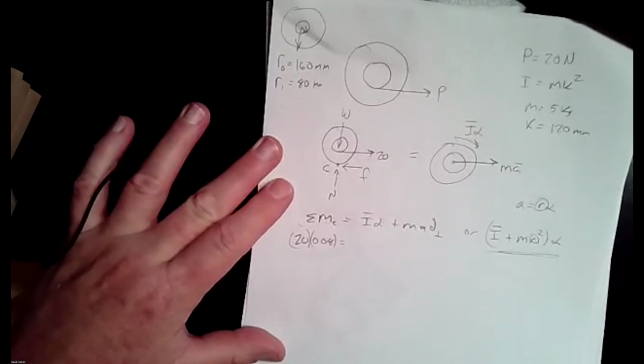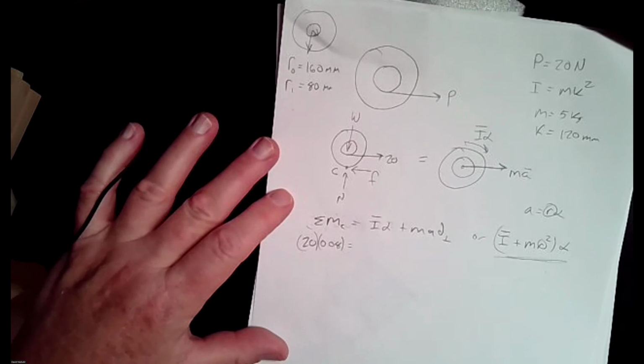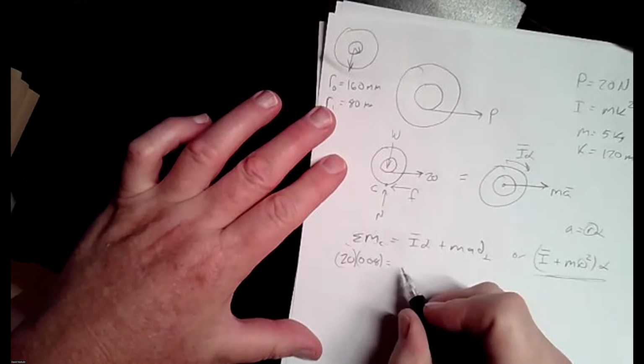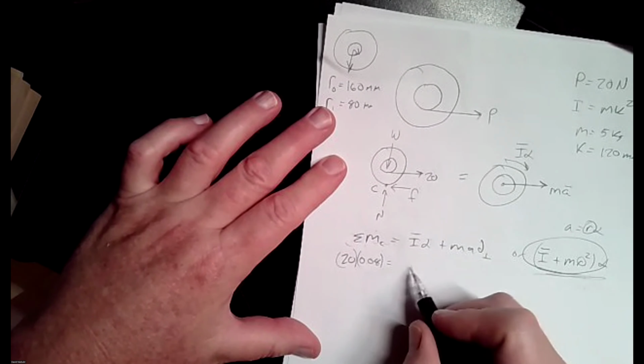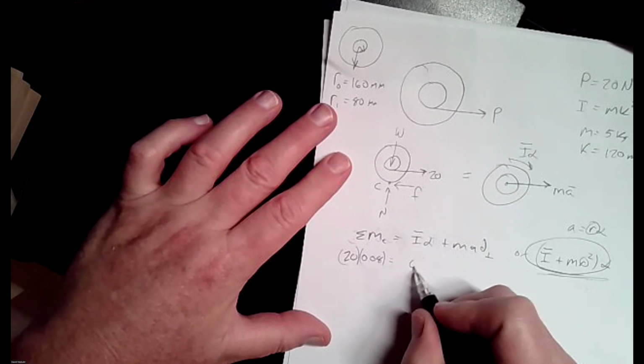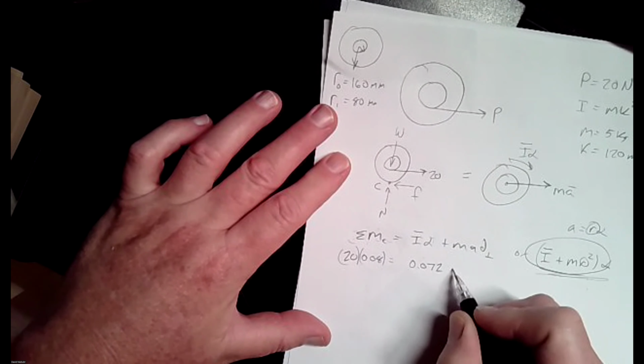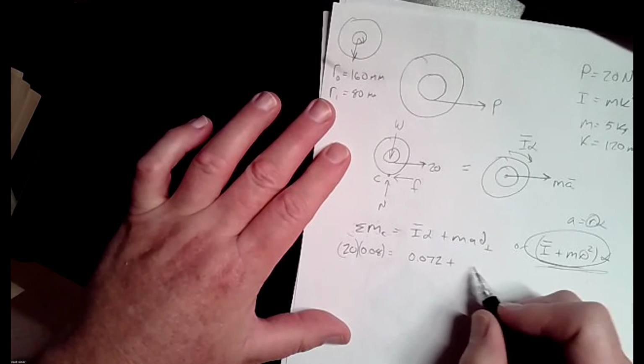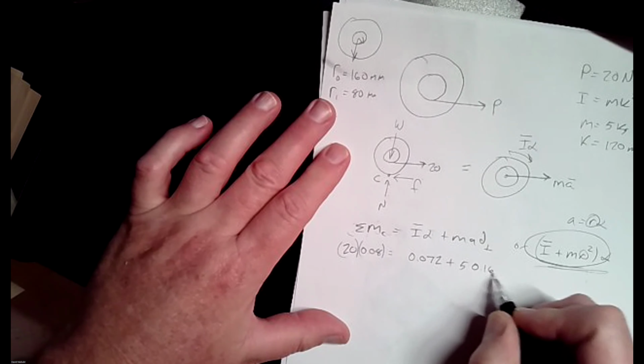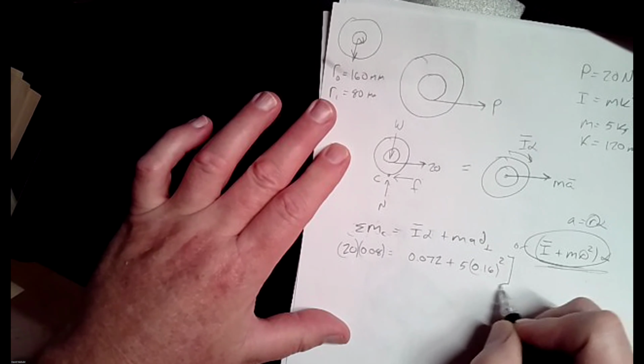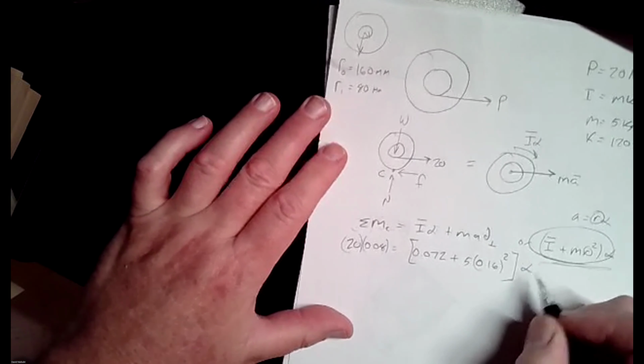So in this case, we have 20 times 0.08, and that's going to equal, if I use this, 0.072 plus mr squared, which is 5 times 0.16 squared, all times alpha.